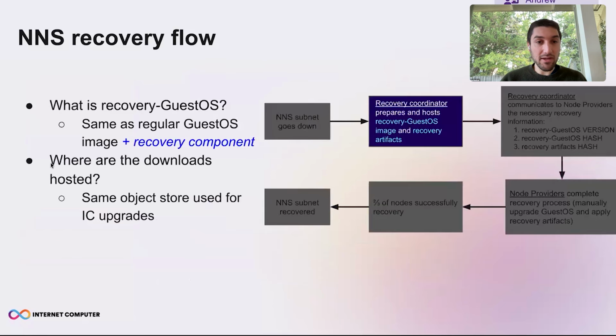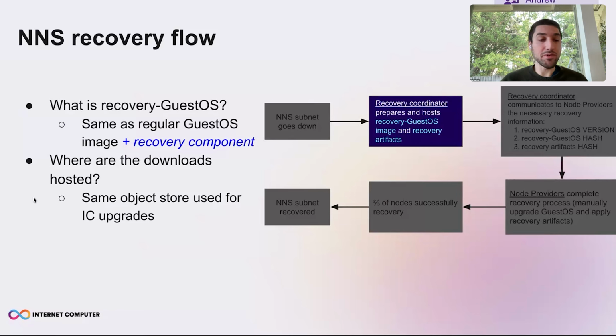So you probably have a lot of questions, like one, what is the recovery guest OS image? It's the same as a regular guest OS image, except for a single recovery component, which downloads and applies these recovery artifacts so that all the nodes in the subnet can get on the same page for what reality is and resume consensus. And you also might be wondering, where are the downloads hosted?